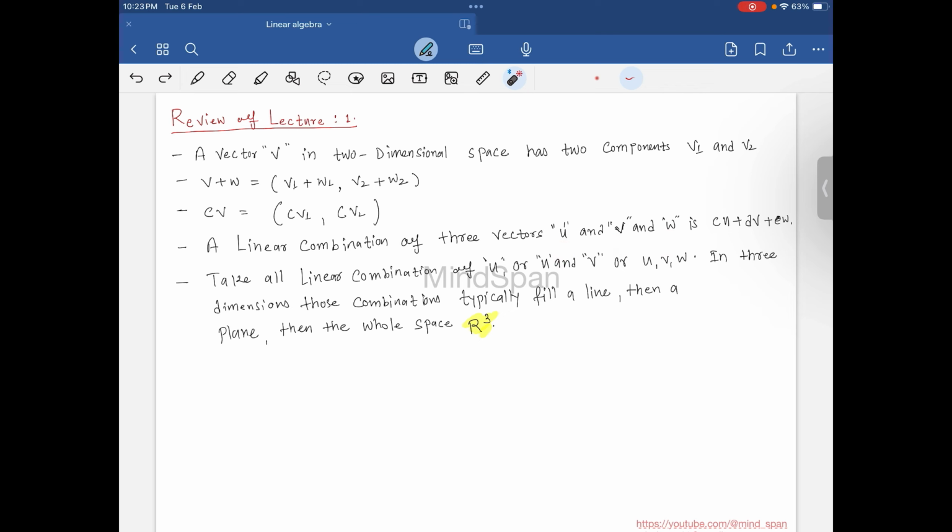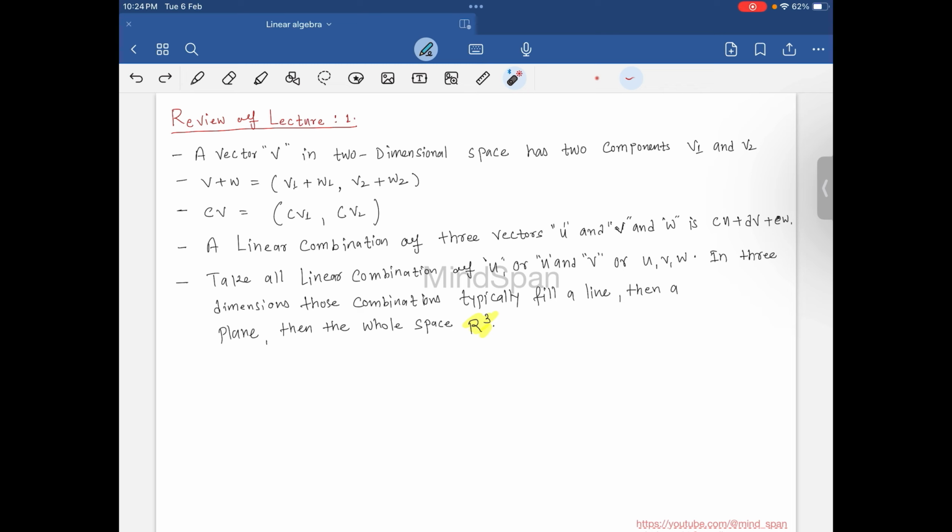And also we talked about the spaces they are going to span, but let me not introduce this term span right now. We looked at the spaces, right? What they are going to expand. So the point is that let's suppose we take all linear combinations of u, that is c times u, right?